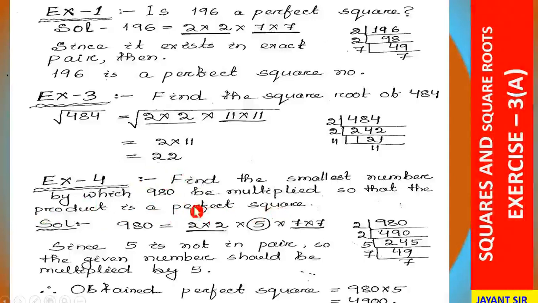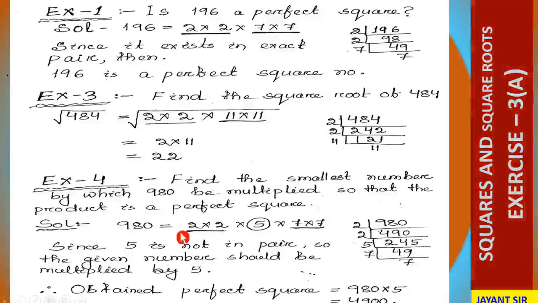By resolving into prime factors, we get 2 4s are 8, 2 9s are 18, 2 0s are 0, 2 2s are 4, 2 4s are 8, 2 5s are 10, 5 4s are 20, then 5 9s are 45, then 7 7s are 49.